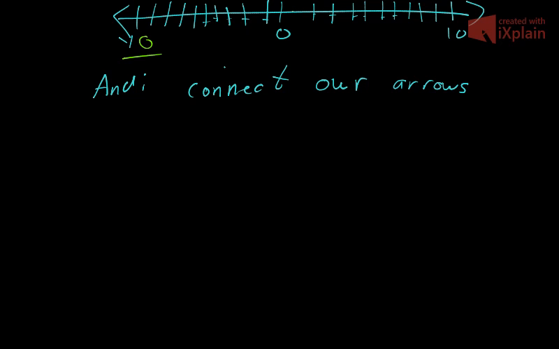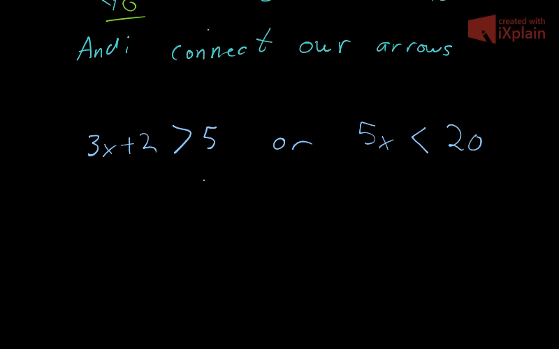I want to show you guys a bit of a more complicated one, just to make sure that we are working on things that we're going to see on more challenging problems. So if I have 3x plus 2 is greater than 5, or 5x is less than 20, I can solve these separately. I'm going to start off on this side.